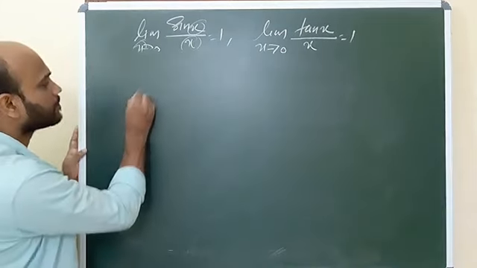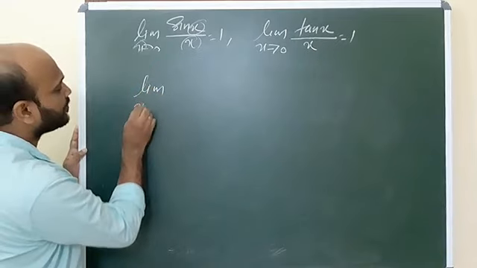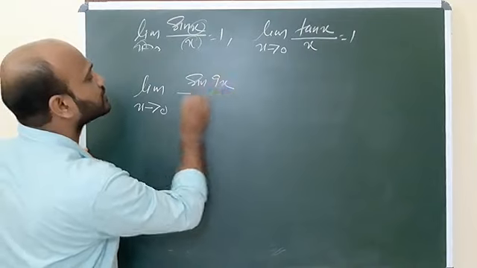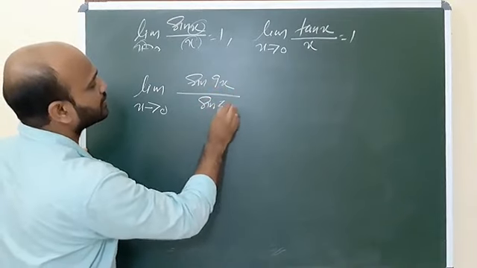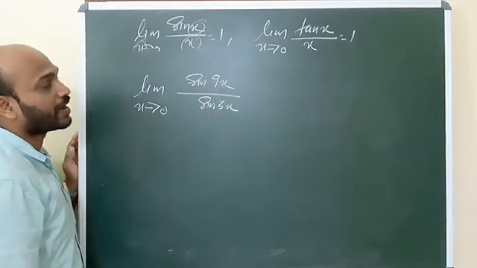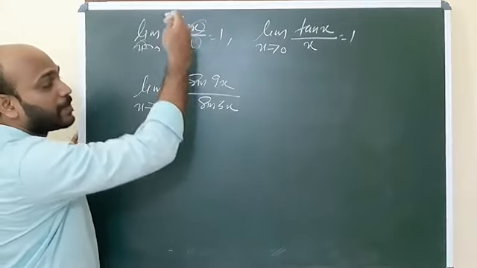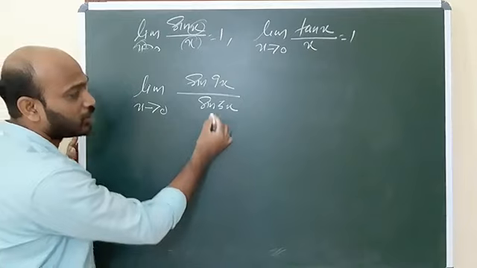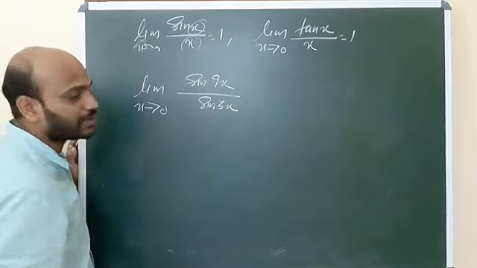Now, the next question. Evaluate limit x tends 0, sin 9x by sin 3x. How can we apply this formula? Here it is sin x by x, so this should be sin 9x by 9x, and the denominator should be sin 3x by 3x.